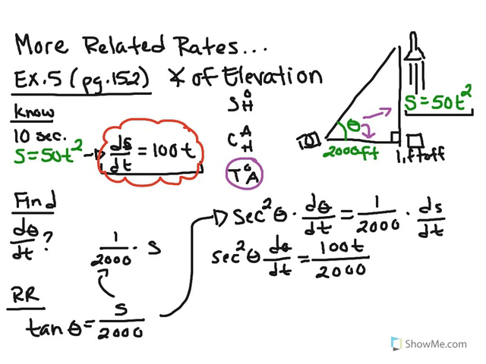My gut instinct would be to divide both sides by secant squared theta, which is the same exact thing as multiplying by 1 over secant squared theta, right? So those are going to cancel each other out.